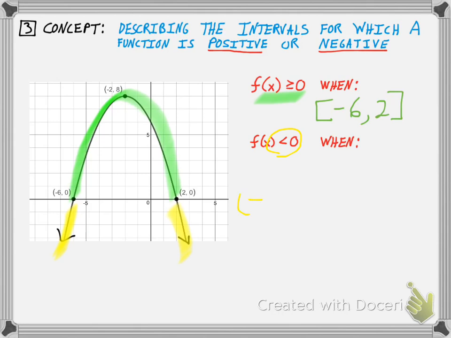So I'm going to say from negative infinity up until negative 6, but not including negative 6, because if I included negative 6, I would be equal to 0. Okay, once again, I'll do the union symbol, and then my second interval starts just after 2, so I do parentheses 2, and goes to infinity. Alright, so those are the intervals where the graph is positive and where the graph is negative.